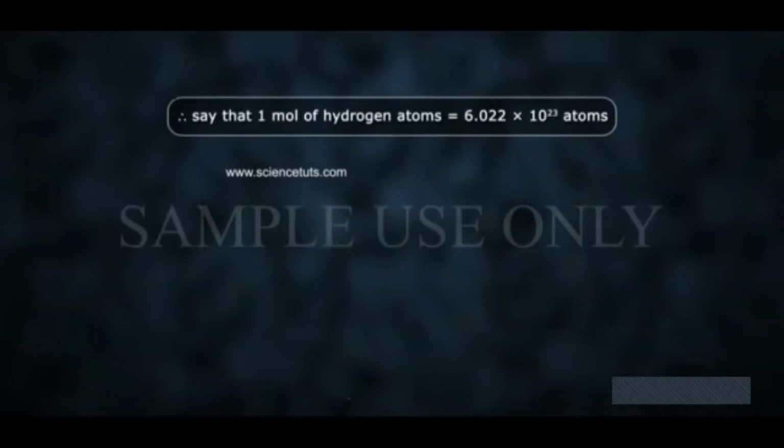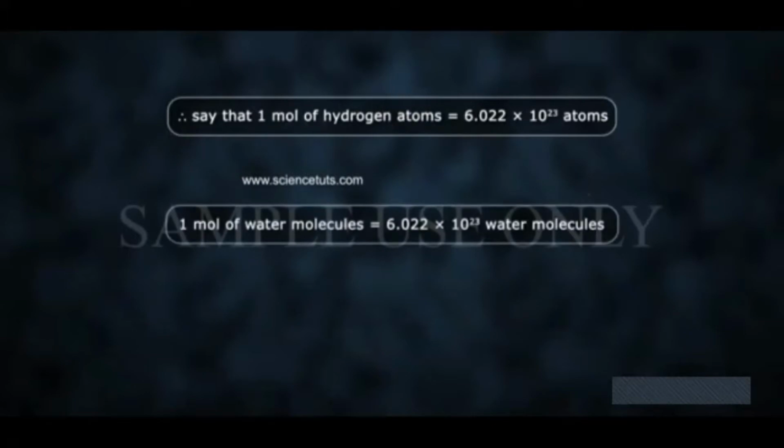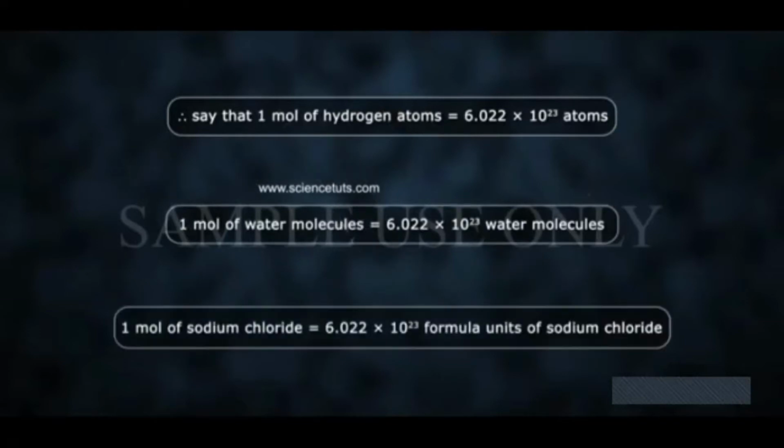Therefore, 1 mole of hydrogen atoms equals 6.022 into 10 to the power of 23 atoms. 1 mole of water molecules equals 6.022 into 10 to the power of 23 water molecules. 1 mole of sodium chloride equals 6.022 into 10 to the power of 23 formula units of sodium chloride.